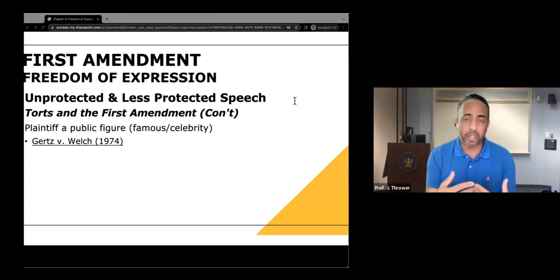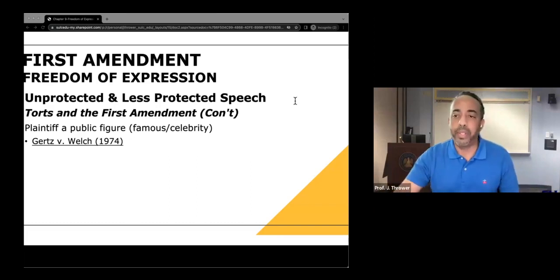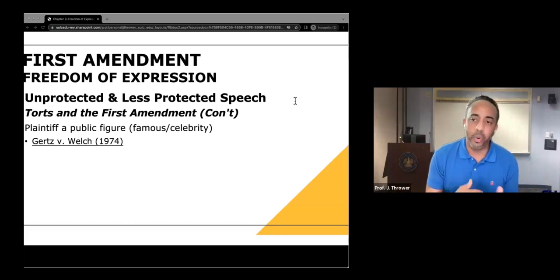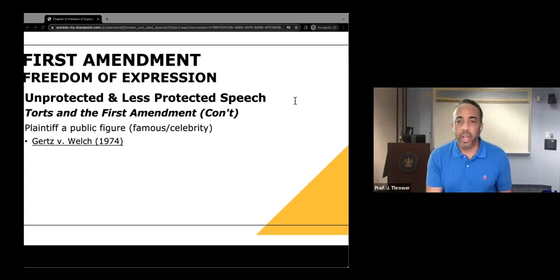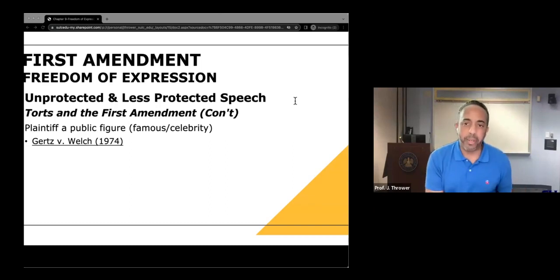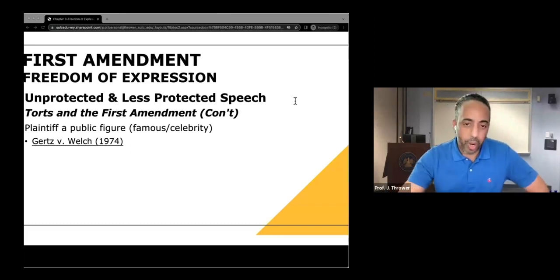As we talked about earlier, the court noted that these sorts of individuals have thrust themselves into the forefront of particular public controversies in order to influence the resolution of the issues involved. And so the court also considered that public persons have better access to self-help measures of defending their names and reputations than do private individuals, right?